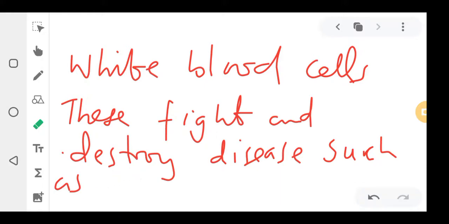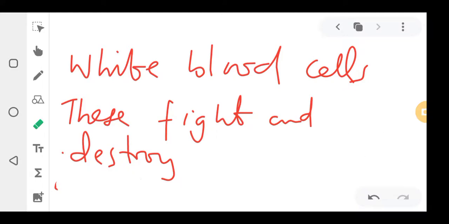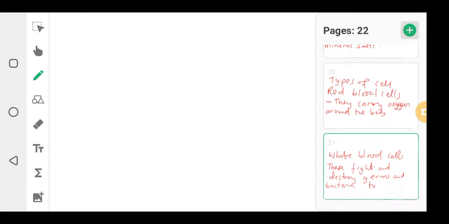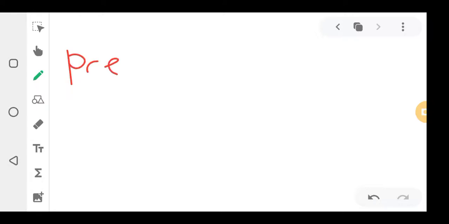They fight and destroy germs and bacteria to prevent diseases.